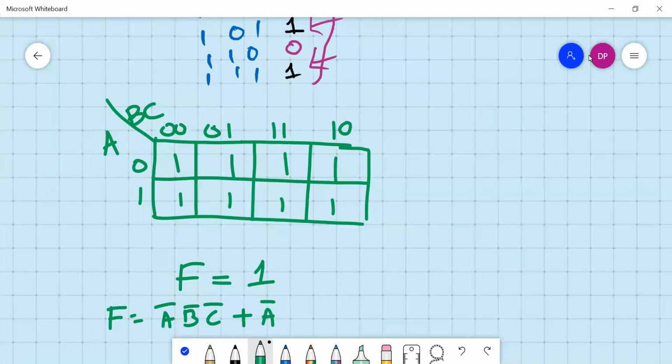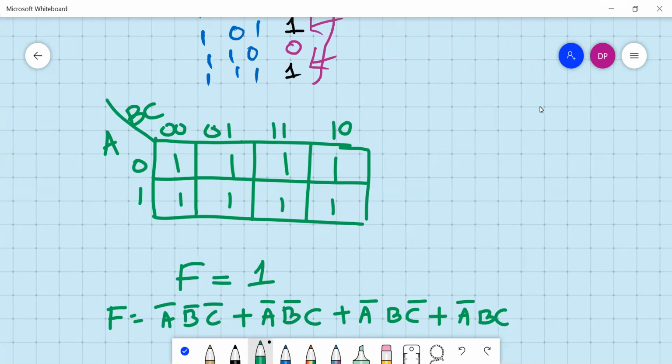Then A complement, 0, this is 0 1. Then 0 1 0, then 0 1 1.